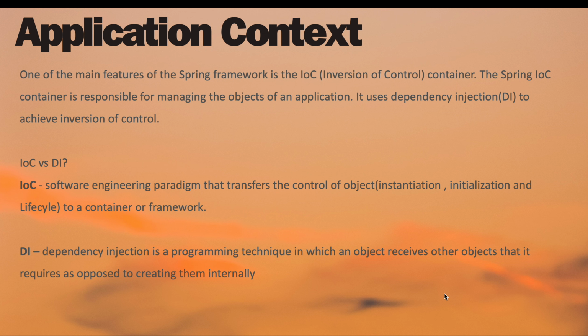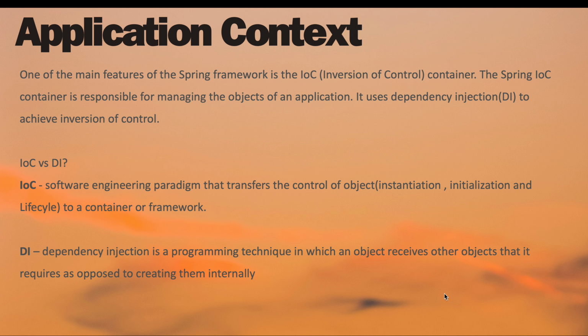Dependency injection is a technique in which an object receives its dependencies, or the objects it requires, as opposed to creating them internally. So now what you notice is that dependency injection is a subset of IoC.